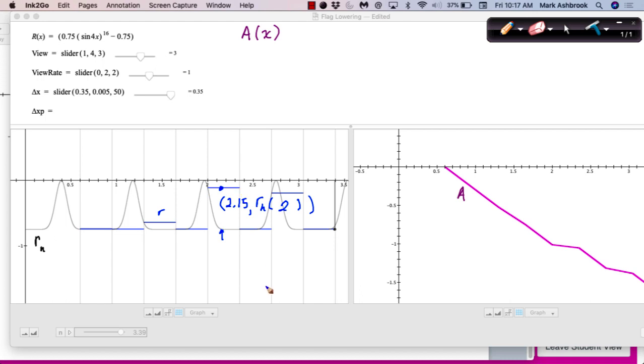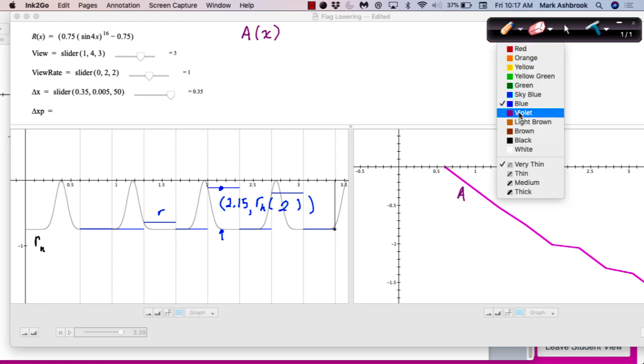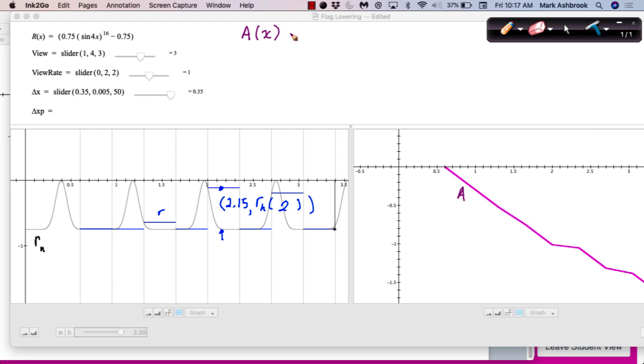Okay, so what I want to do is try to write, how would I write a of 2.15? So to come up with a formula for a of x, we'll do that by looking at one example, a of 2.15. What would it look like to get this value right here, this is the 2.15?